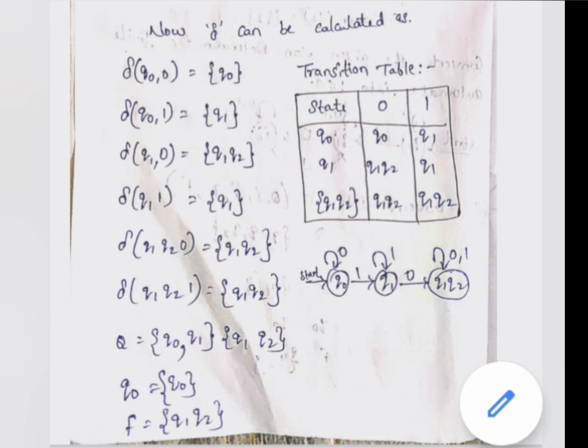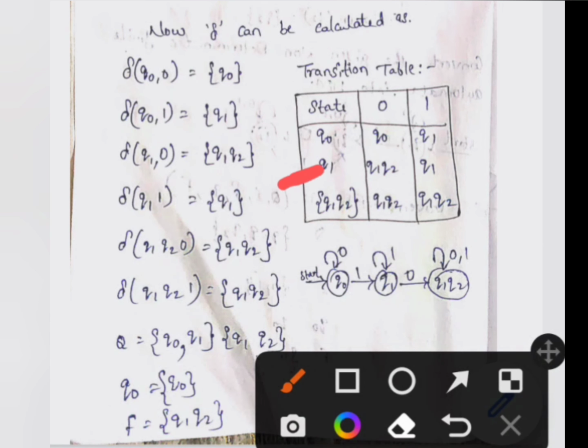Next, Q1 with input symbol 0 moves towards Q1 Q2, so you write Q1 moving towards Q1 Q2 with 0.